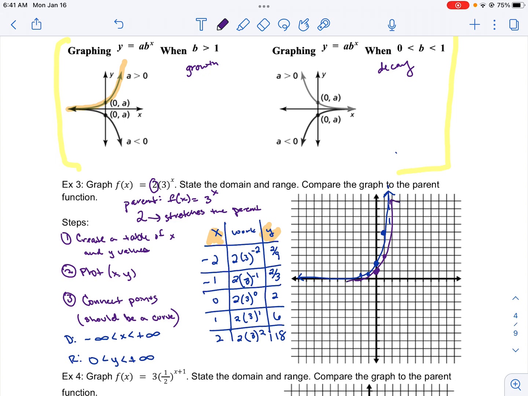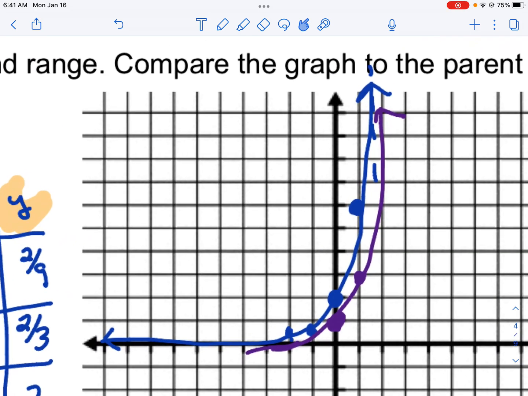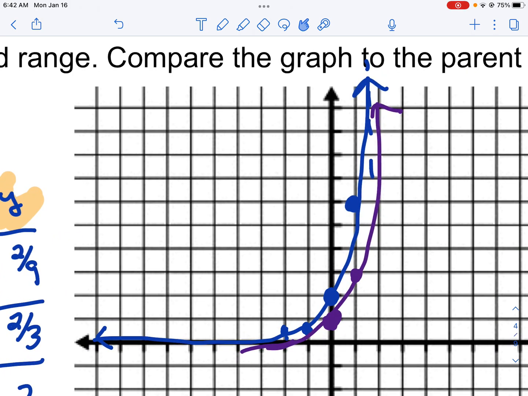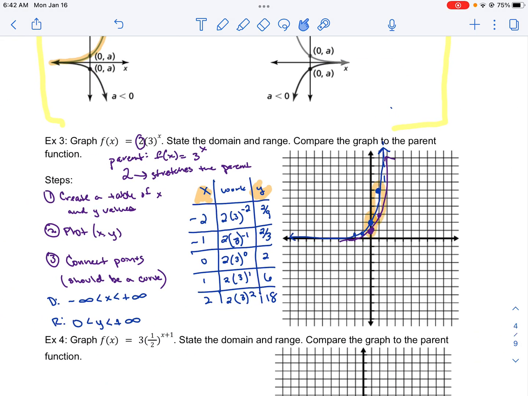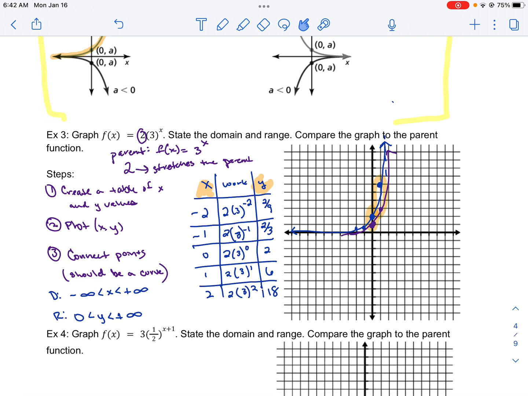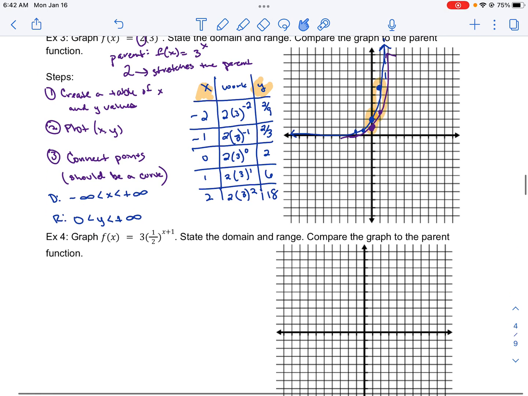So notice, if I zoom in here, there's a stretch here to here and here to here. So the graph gets stretched vertically. So that's just something to note. I know that's something we'll need to work on, and we'll talk about this more and more as we go, because we haven't dealt with this before, where you have to decide what is happening with the parent. So again, we'll get practice with this.